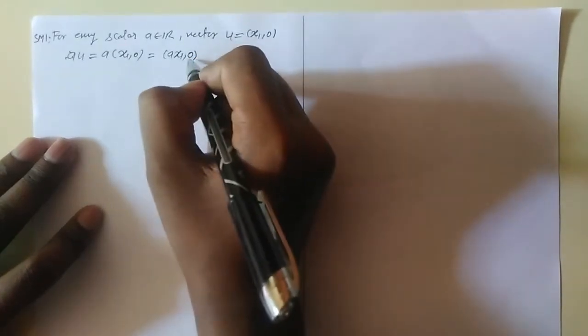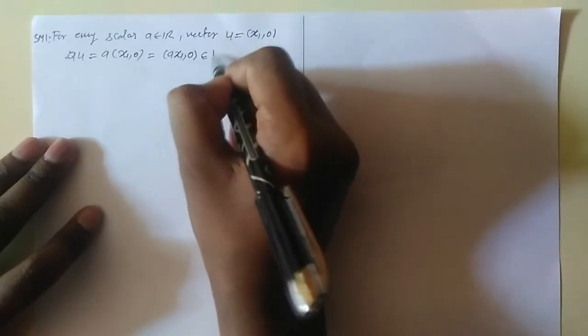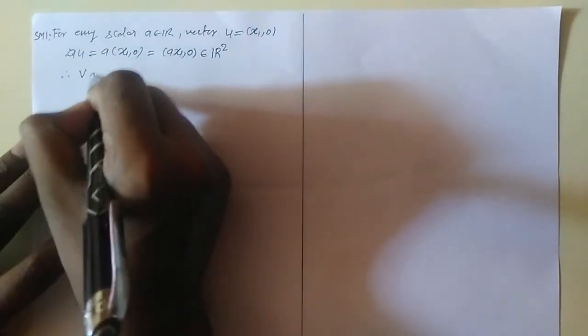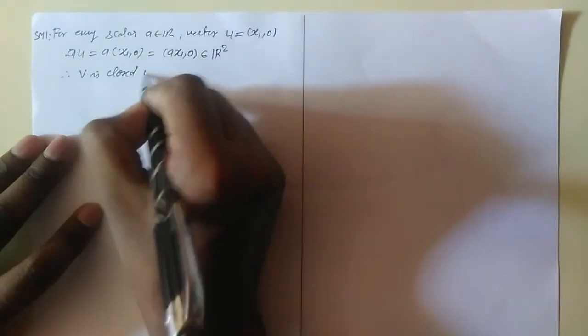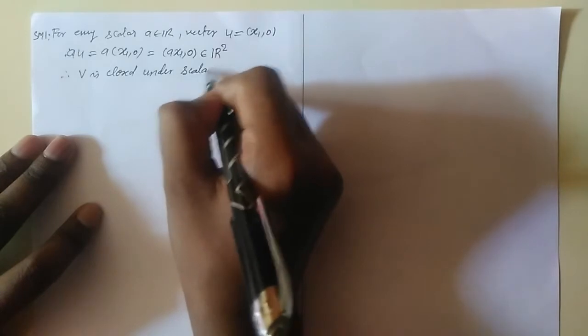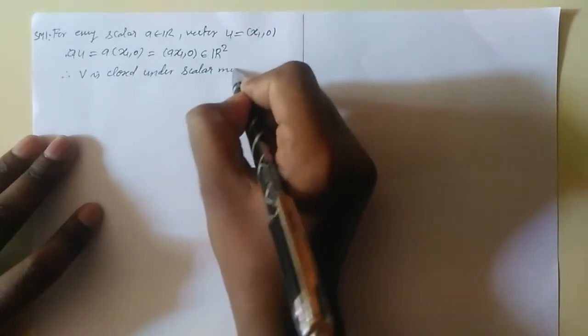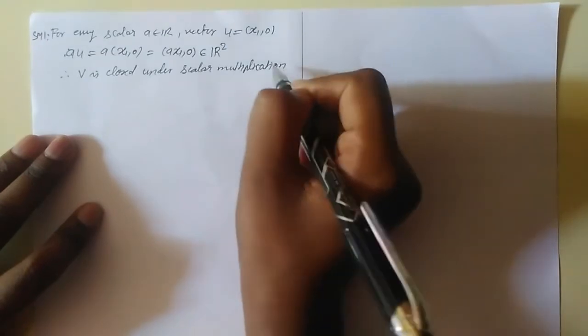This is of the form of an element of V, which belongs to R2. So we can say that V is closed under scalar multiplication.